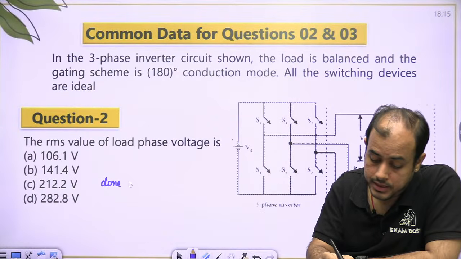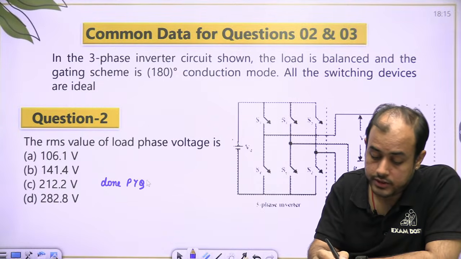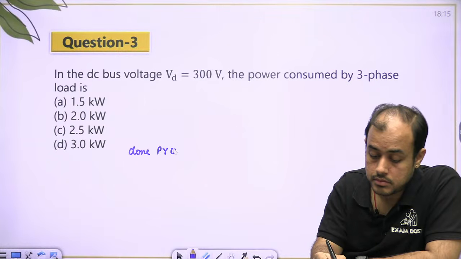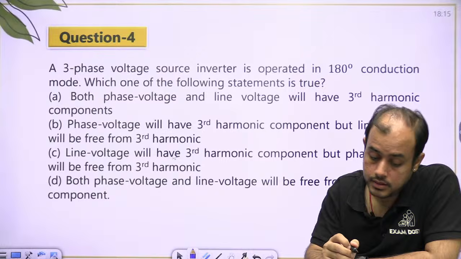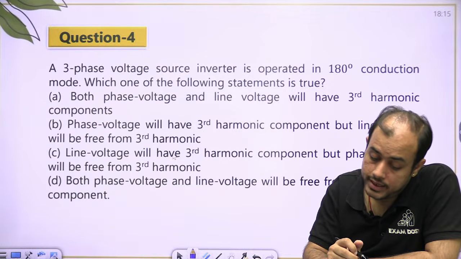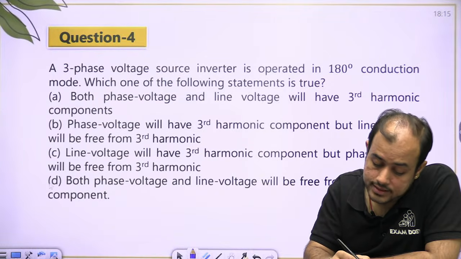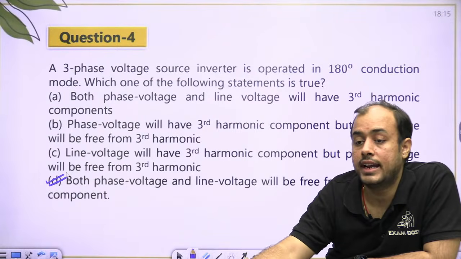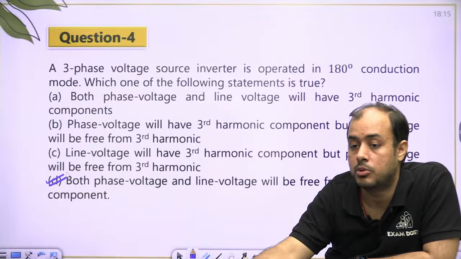This is done in PYQ session. Today we have done this. Okay. Now, in 180-degree mode, beta, phase and line are free of third harmonic. Phase and line both are free of third harmonic.